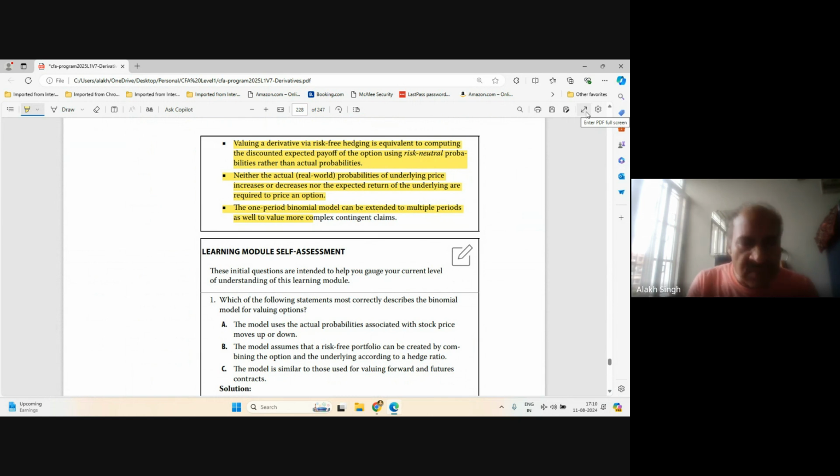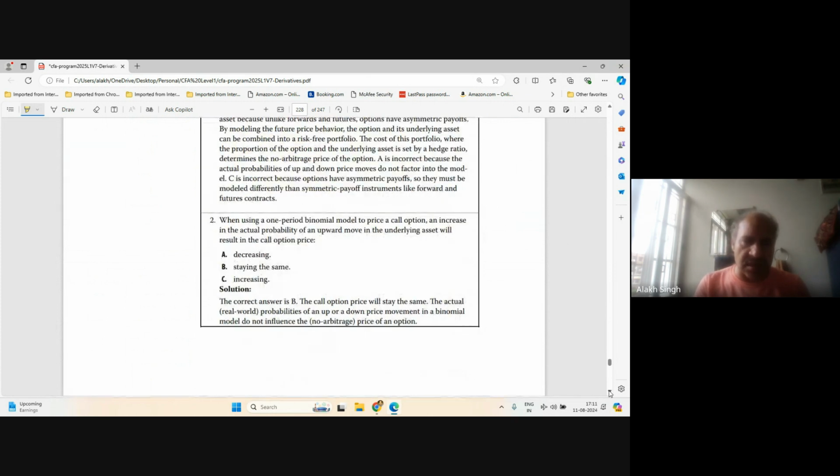So that's why neither the actual probabilities of underlying price increases or decreases, nor the expected return of the underlying are required to price an option. You will know this when we are actually doing it. We will solve these after the class because it is using some of the concepts which are in the class.